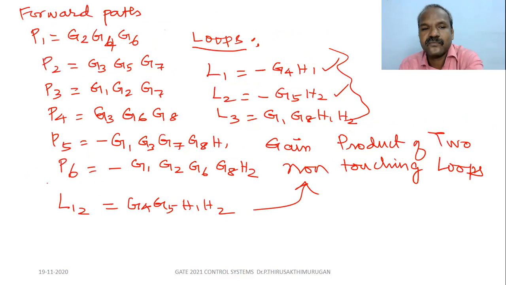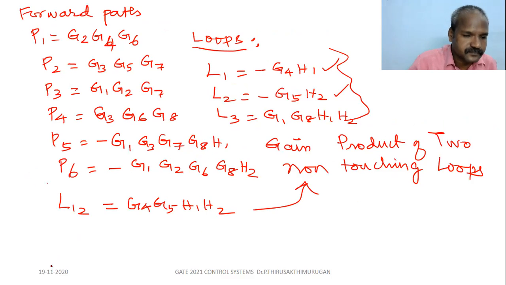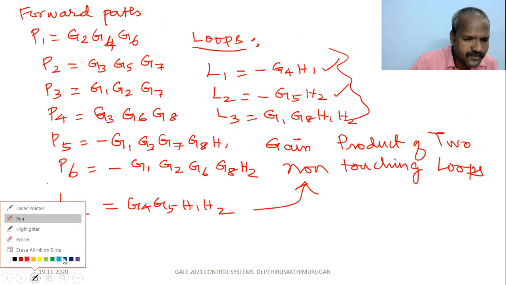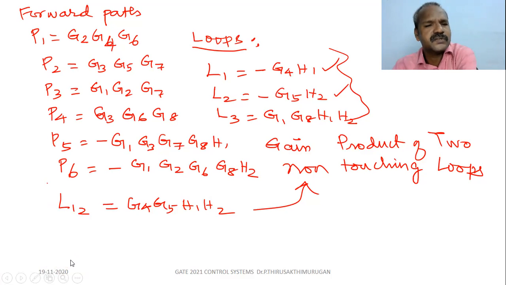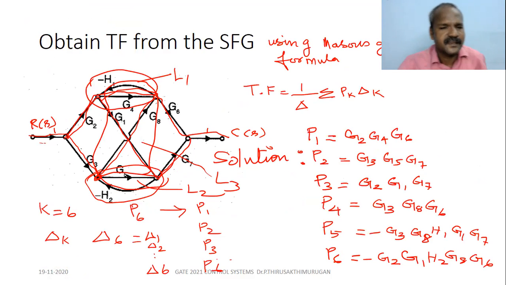What is the first forward path? G2, G4, G6 is the first forward path.